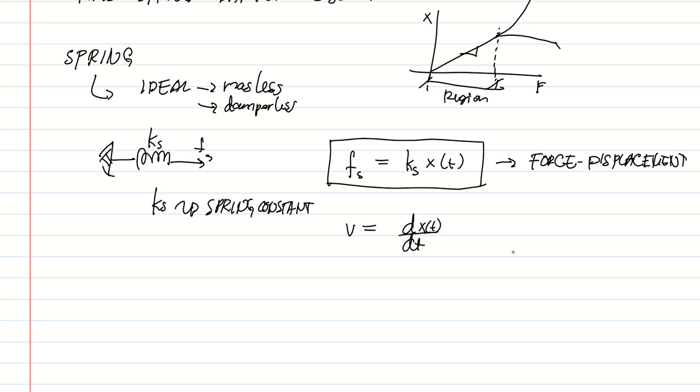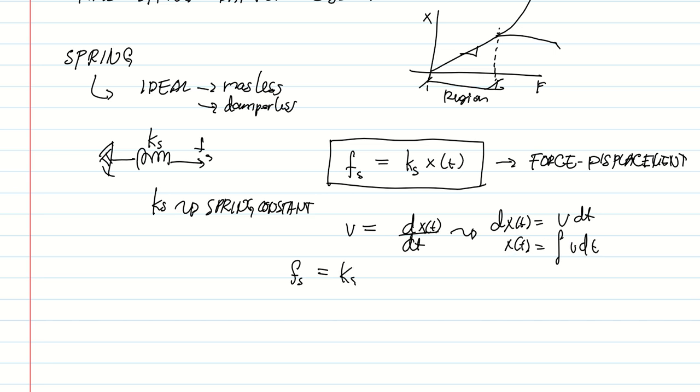So if you want to determine the force in terms of velocity, because you want our output to be the velocity, then if we solve for x, dx will be equal to v dt. So x of t will be equal to the integral of v dt, where v is the velocity.